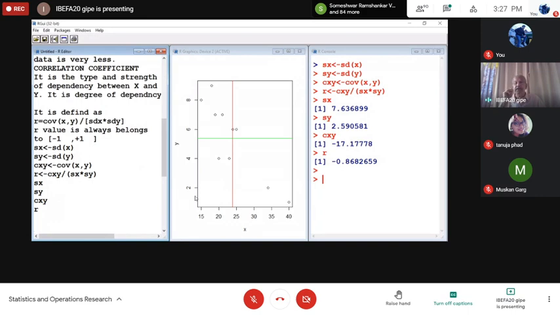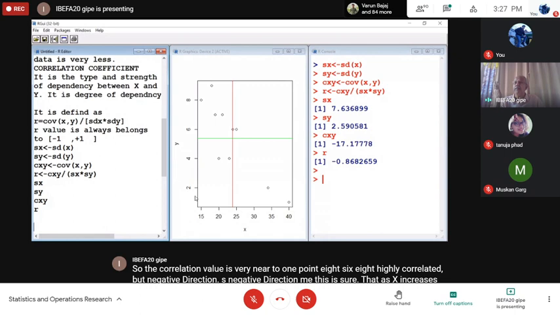So the correlation value is very near to -1, -0.868, highly correlated, but in the negative direction. Negative direction means that as X increases, Y will decrease, naturally. How many people can come from a long distance to the shopping center?